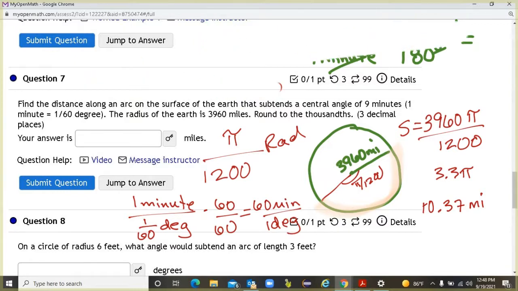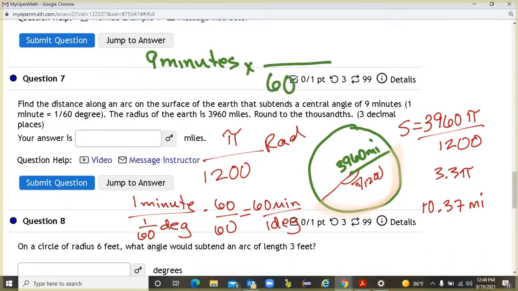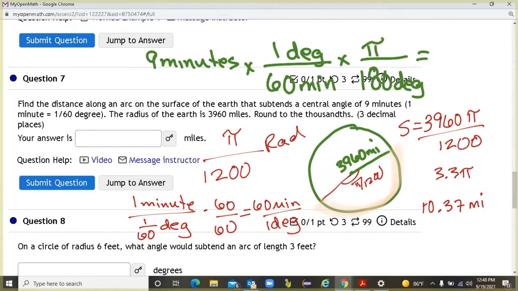I don't know what went wrong there. So we have 9 minutes times, all right, so 60 minutes is 1 degree. And then over to radians, there are 180 degrees in pi radians.